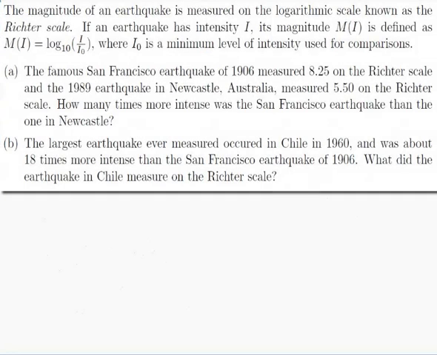Well, part B says the largest earthquake ever occurred in Chile in 1960 and was about 18 times more intense than the San Francisco earthquake of 1906. What did the earthquake in Chile measure on the Richter scale? Alright, well let's just have a look at what we've been written here. We've been talking about the intensity of the Chile earthquake, so we should do what we did last time.